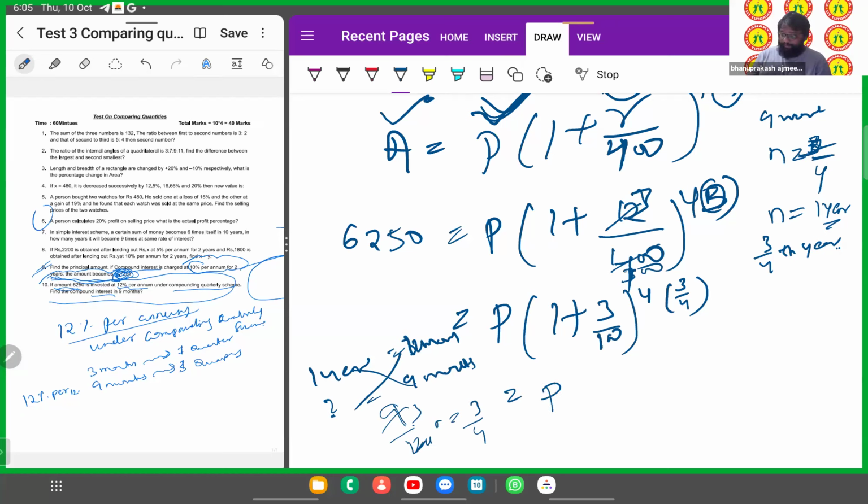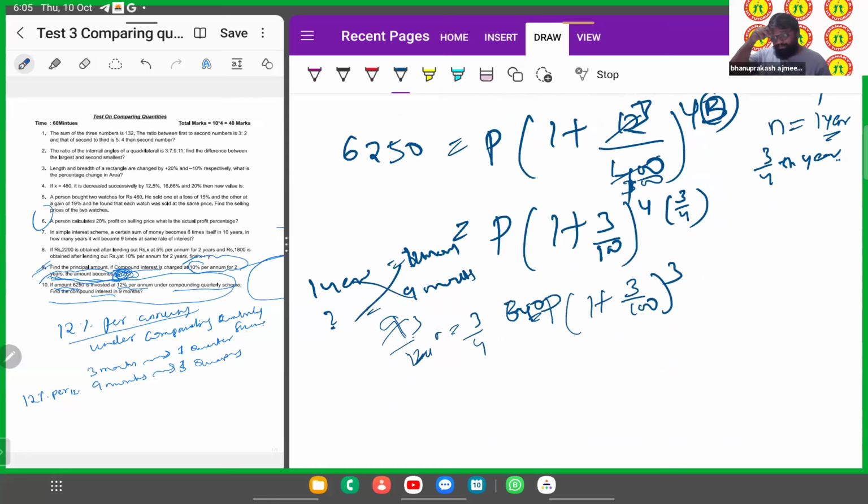So P into 6250 is equal to P(1 + 3/100)^3. So that P will be equal to 6250, so this will be 100 plus 3, so 100 by 103 whole cube.